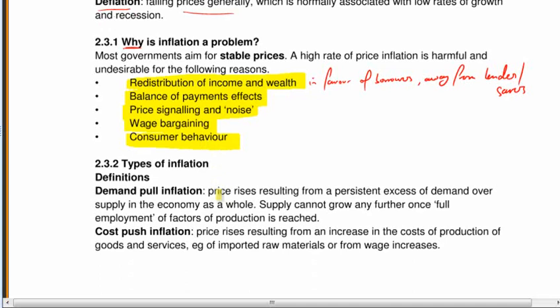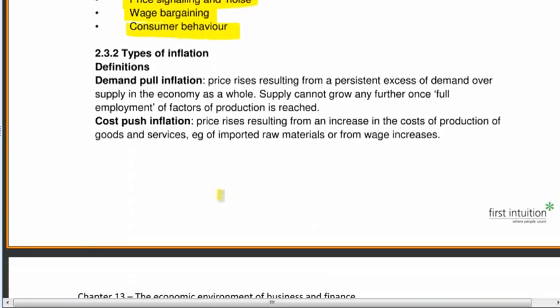Now, what causes inflation? Well, the theory is there are two types of inflation. We've got demand pull inflation and cost push inflation. Demand pull inflation is where inflation is being caused by too much demand in the economy. We as consumers are spending too much money.